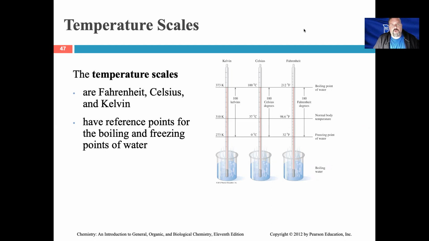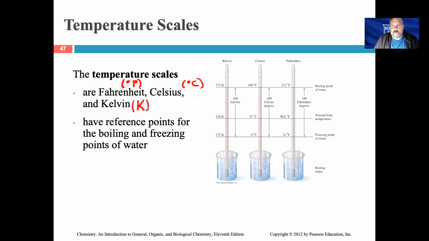The two familiar ones, of course, are Fahrenheit, often abbreviated as degrees F, and Celsius, often abbreviated as degrees C. And in sciences, especially chemistry, a third and perhaps lesser known temperature scale, but one that's used quite often in chemistry, is what is known as the Kelvin scale. Kelvin is abbreviated just with a capital K, no degree sign.